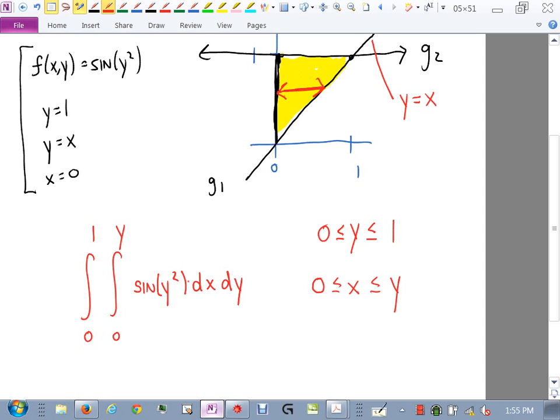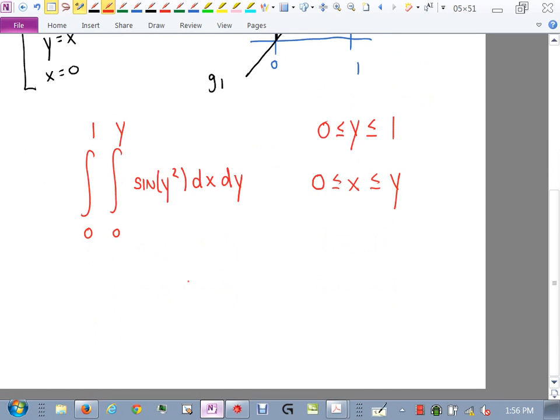And that's something at least I can do. So this will be equal to, here's my outer integral, and then my inner one here, we said that will be x sine y squared, and I'm going to evaluate that from x equals 0 to x equals y.